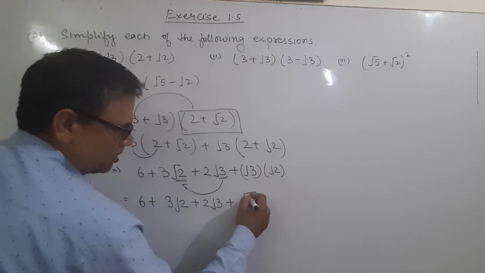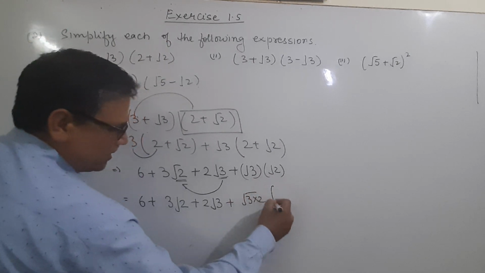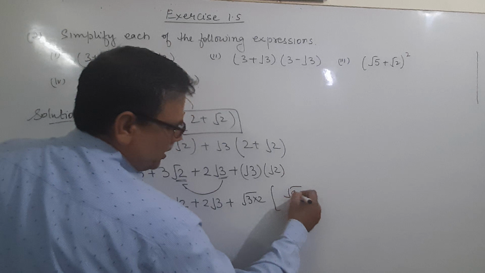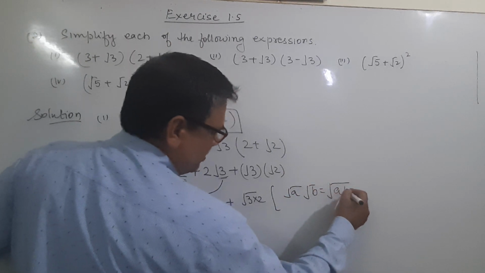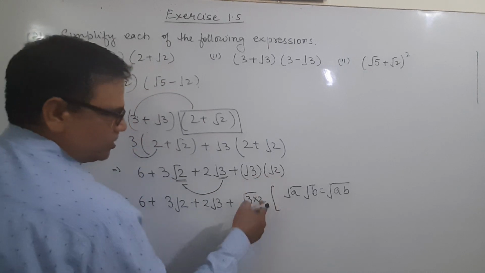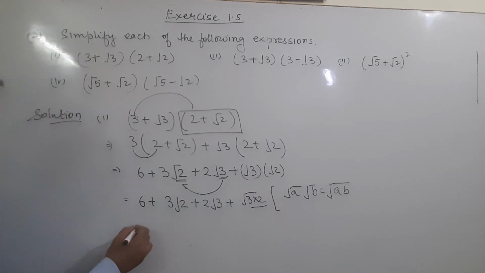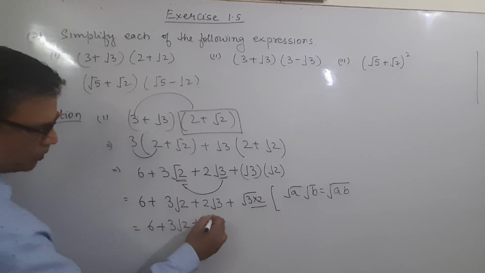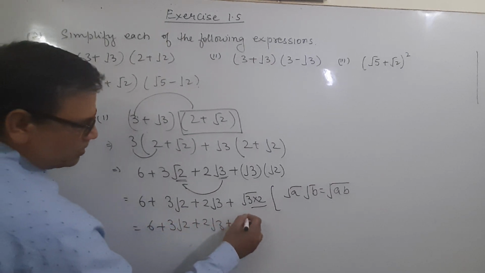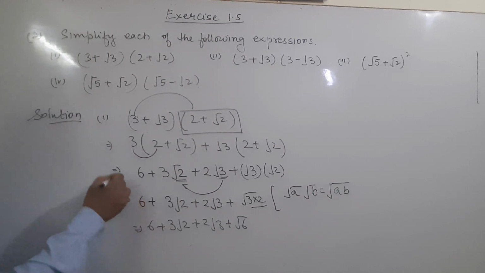That will be root 3 into 2. Like I told you, root a into root b is equal to root ab. Here a is 3, b is 2, so root 6. What is your answer? 6 plus 3 root 2 plus 2 root 3 plus root 6. This is the simplification of the first part.